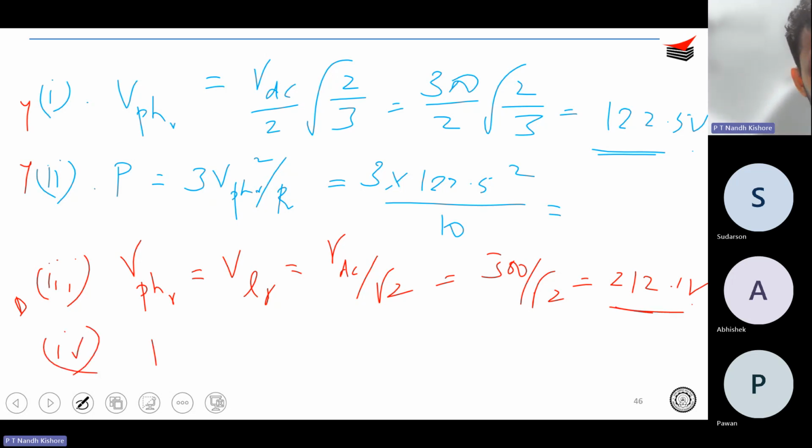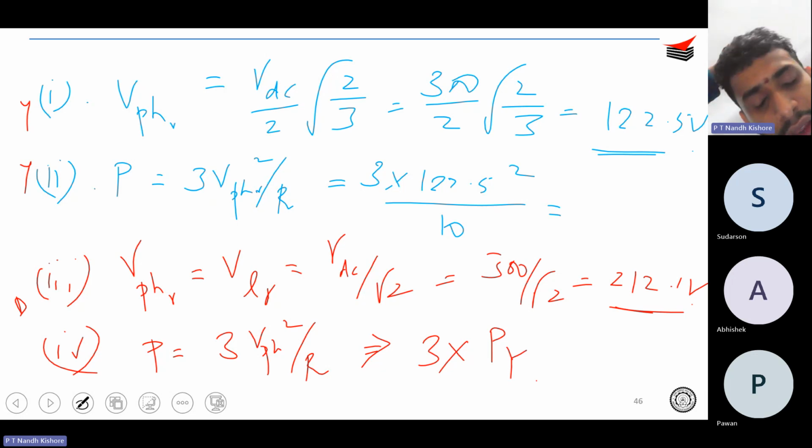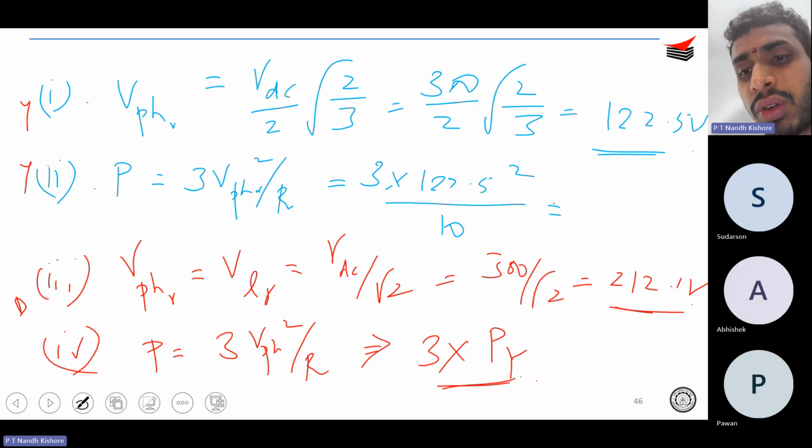What will be your power then? Power is again the same, 3 V phase square over R. Or one hack is this power will be 3 times your power of star, because your V phase and line are equal, and you are squaring it. So it will be 3 times the power whatever you get here.